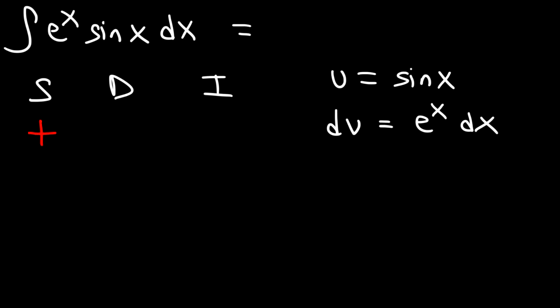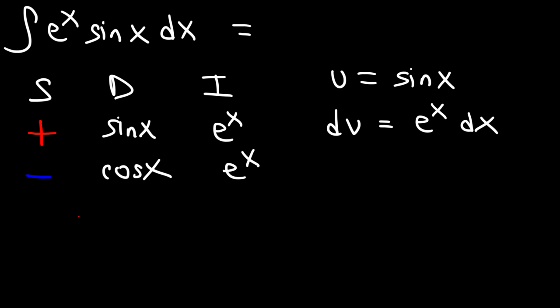So first we have a positive sign, and for the u terms we're going to put sine x here, and for dv we have e to the x. The derivative of sine is cosine, and the integral of e to the x is e to the x. And so this column is not going to change.